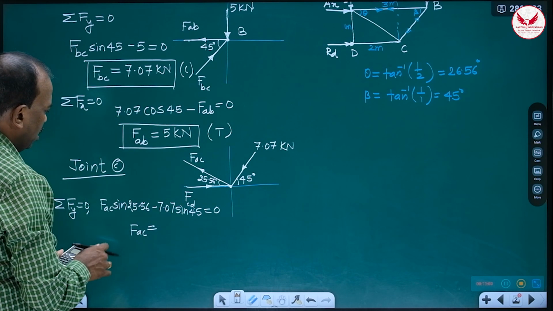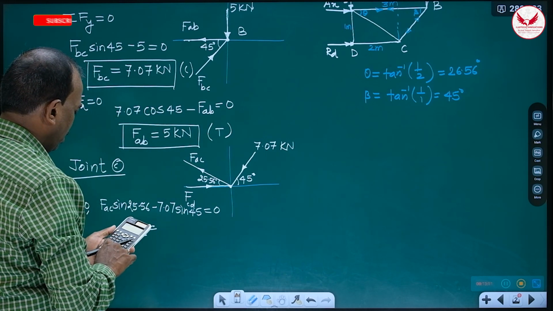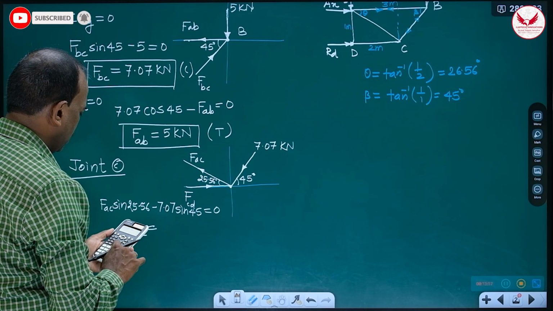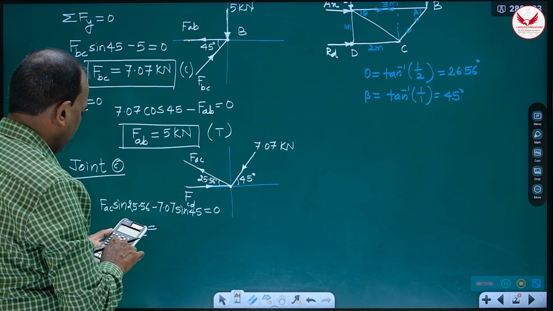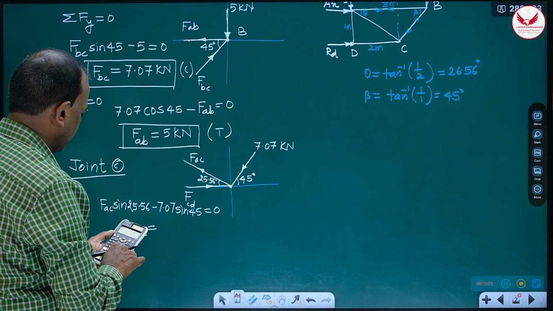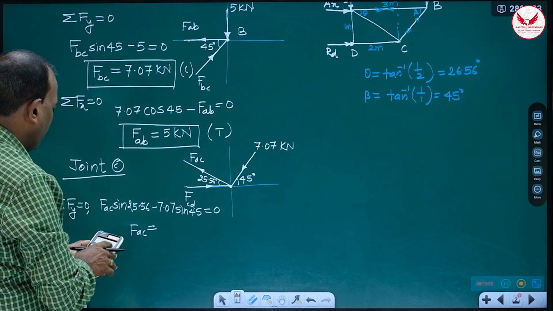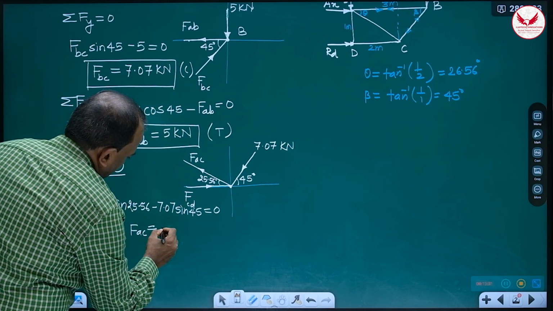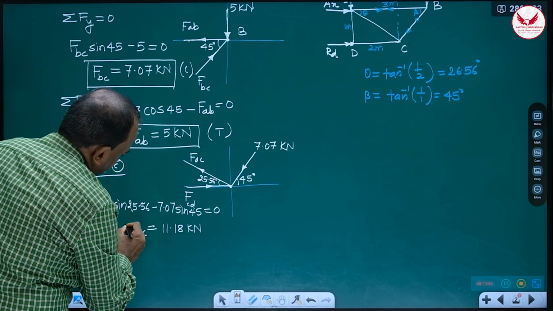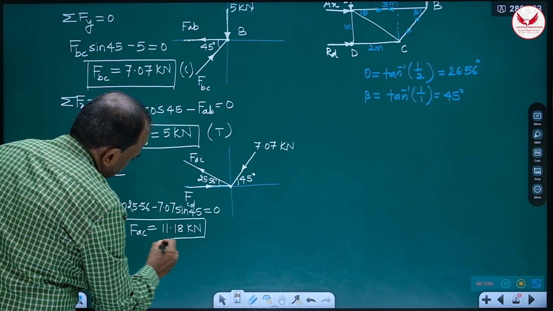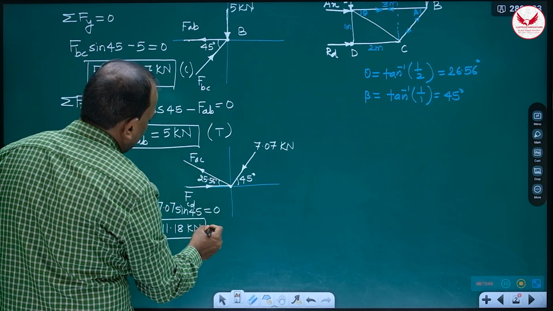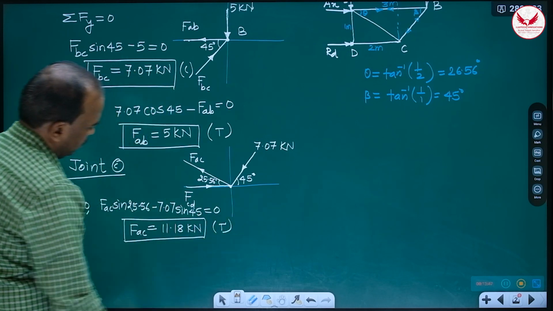FAC sine 26.56 equals 7.07 sine 45, which is 5, so FAC is 5 divided by sine 26.56. It is 11.18 kilonewton, and AC is away from the joint, a tensile member.